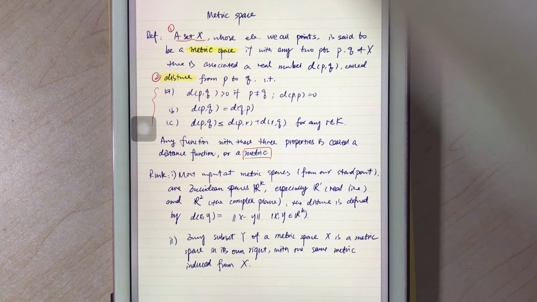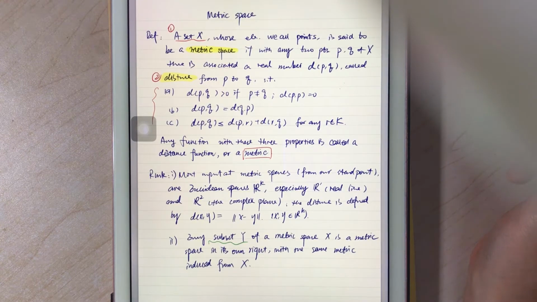And also another thing is that if we are given a metric space X, and if we take a subset Y of the metric space X, it automatically becomes a metric space. For a metric space, you have to find two things. The first is a set, right?